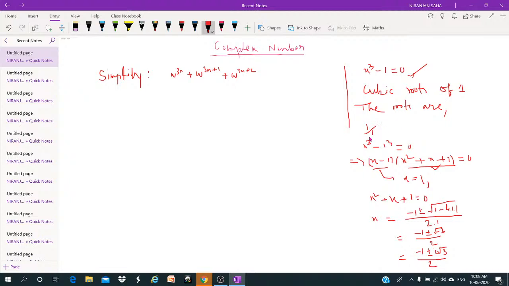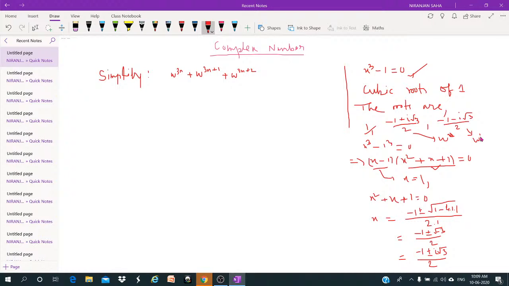So the first root is 1 and the other roots are minus 1 plus iota root 3 by 2, and the third root, minus 1 minus iota root 3 by 2. So if one complex root is omega, then its conjugate is omega square.